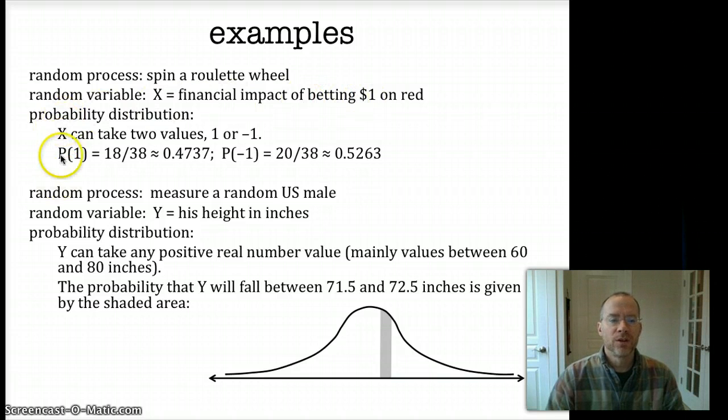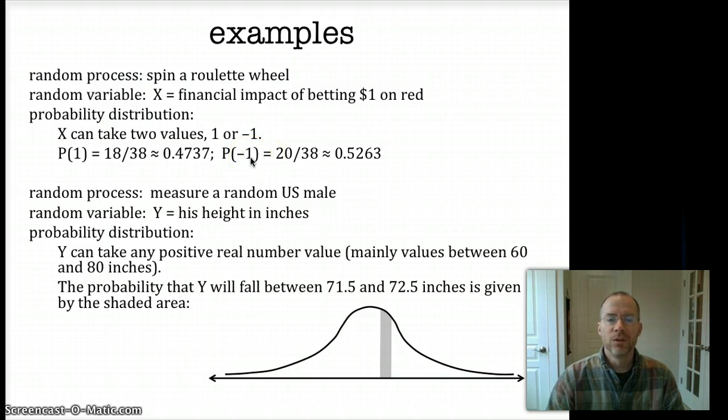Here's the probability distribution. It has to do two different things. It has to say what values the random variable can take, and it has to tell you how to figure out the probabilities. The values are win $1, positive 1, or lose $1, negative 1. And the probability of winning $1 is 18 red slots out of 38 equally likely slots. That's about 47.37%.